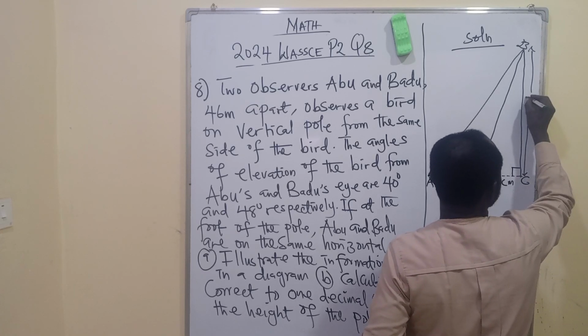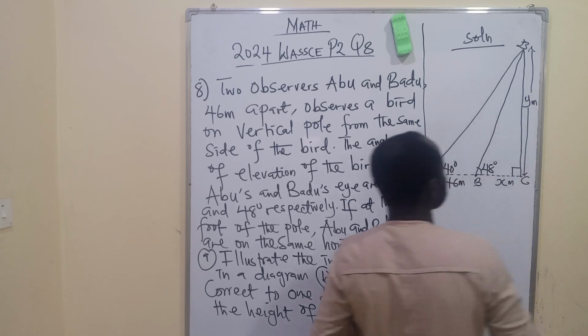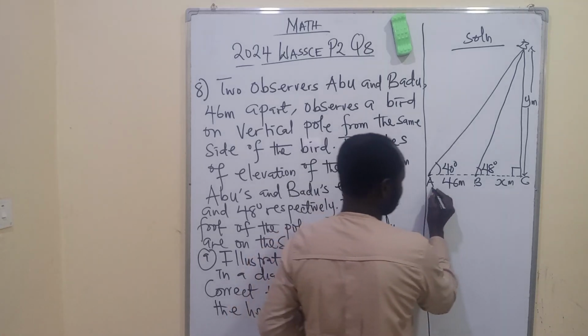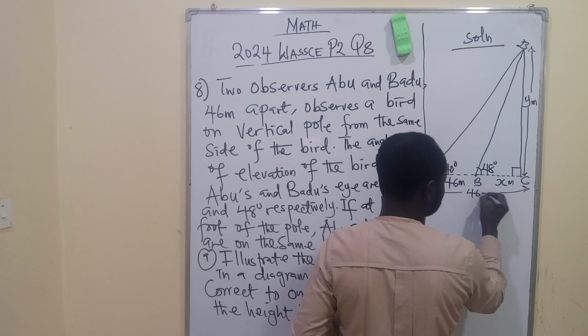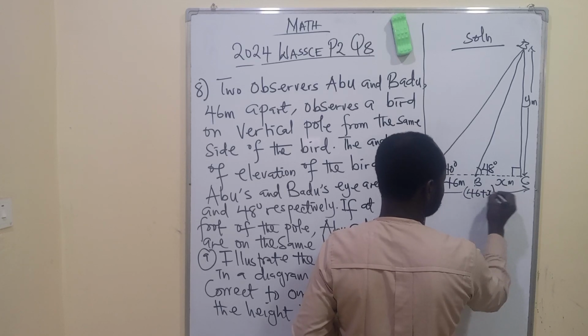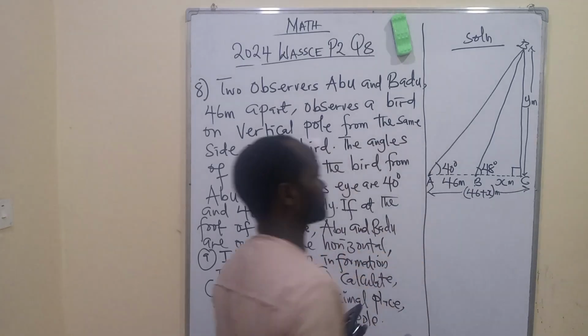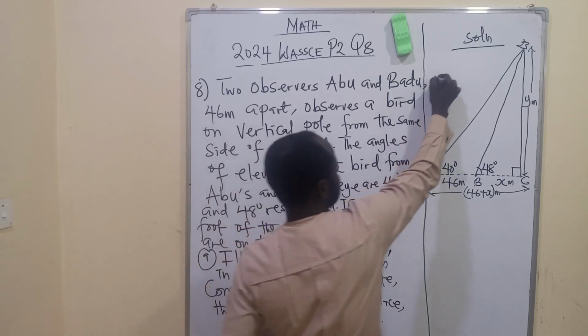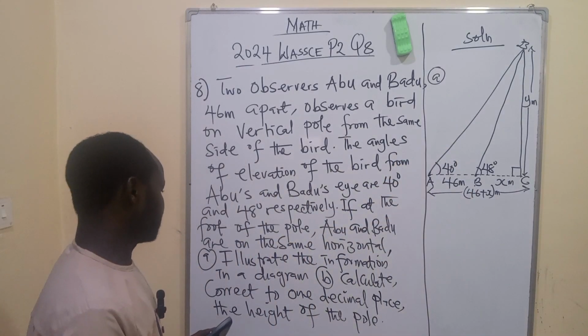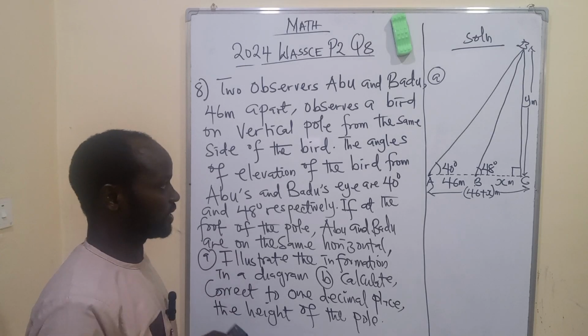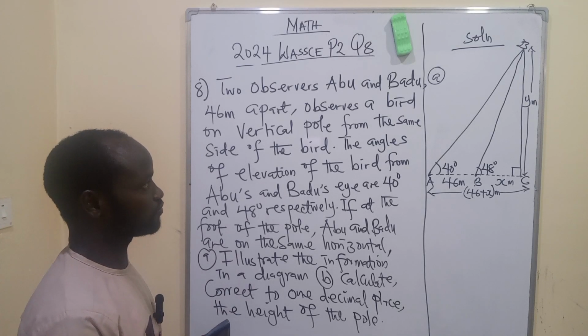Let this height be y meters. So this is how the drawing is going to be. Then the whole of this distance will be 46 plus x meters. So this is the solution to A, because we were asked to illustrate the information in a diagram.